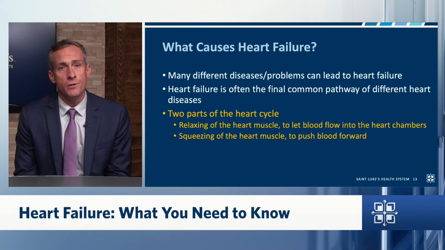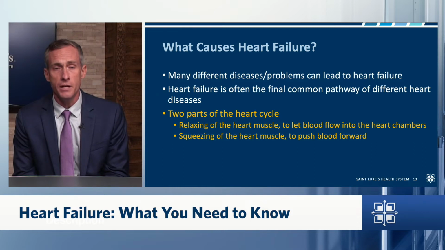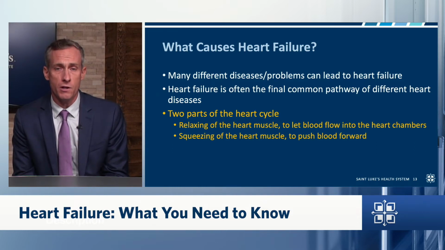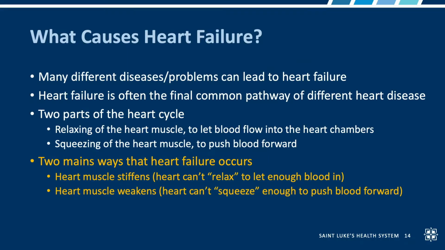So with that in mind, we should think of the fact that there are two parts of the heart cycle, like we mentioned earlier when talking about the mechanics of the heart. And both of those parts of the heart cycle can cause or lead to heart failure. So the relaxation of the heart muscle, that thing I called diastole, that part of the heart cycle can be a problem when blood is flowing into the heart chambers as they relax.